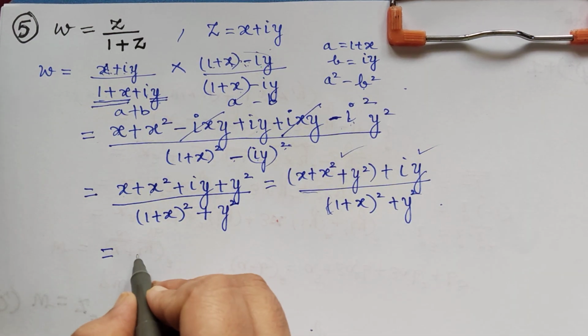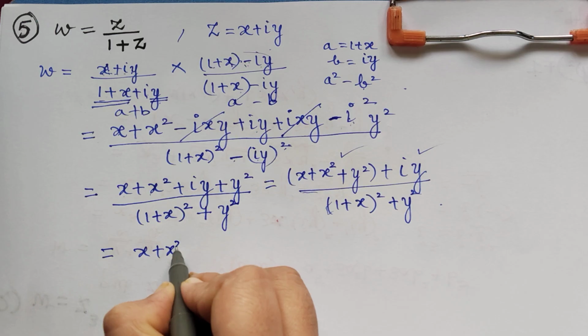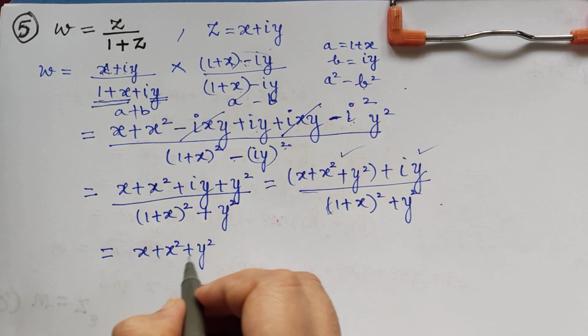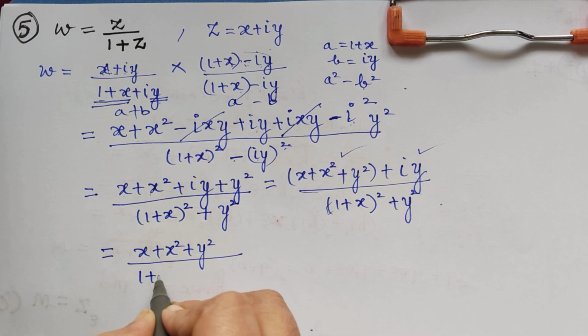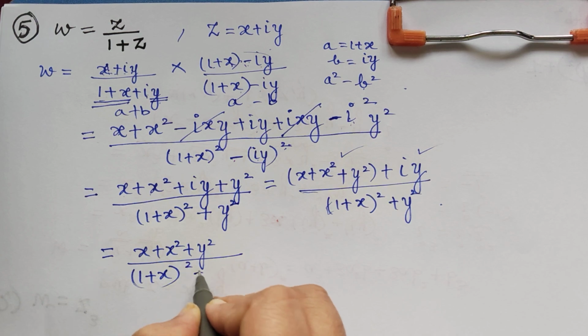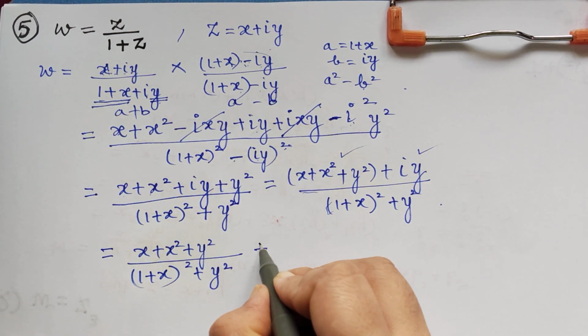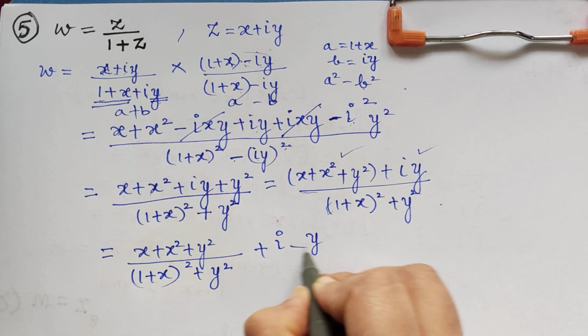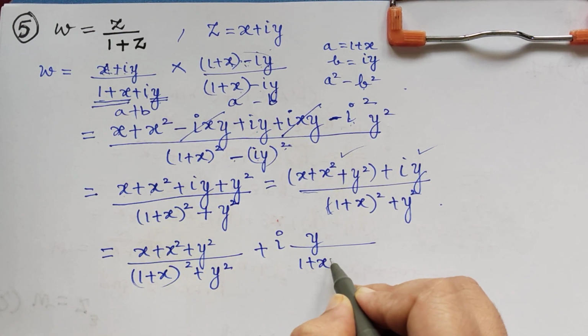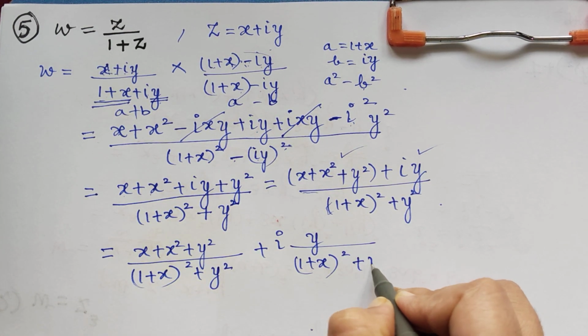So that will be equal to x plus x square plus y square divided by 1 plus x the whole square plus y square. This is what we get. And then plus i multiplied with y divided by 1 plus x the whole square plus y square.